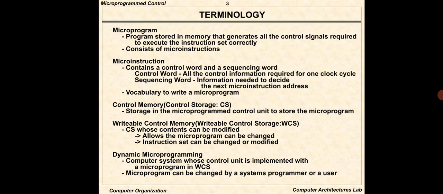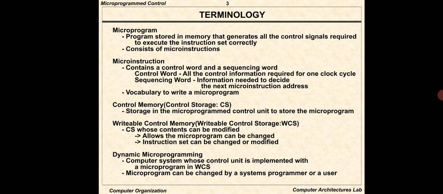WCS is nothing but a writable control memory or writable control storage. A control storage whose contents can be modified, which allows the microprograms to be changed. The instruction set can be changed or modified. So what happens here?